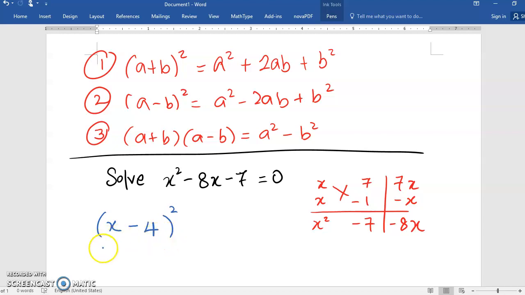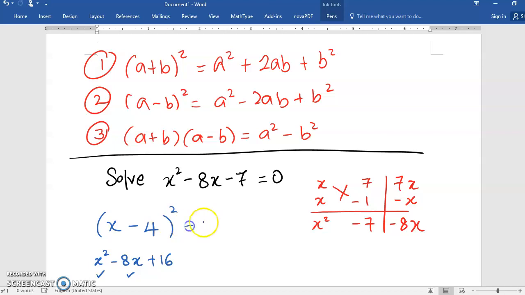Now when I expand this, if I use my formula number 2, a square minus 2ab plus b square, I would actually get x square minus 8x, which is my 2ab, plus 16. Correct? So I have already gotten my x square minus 8x, which is what I wanted over here. Now it is just that this 16 is an extra term that I get from this expansion, which I don't want.